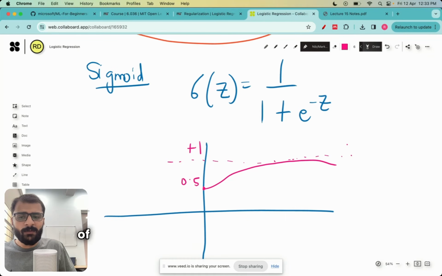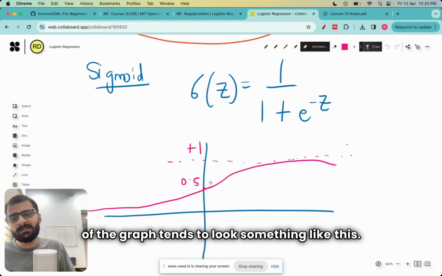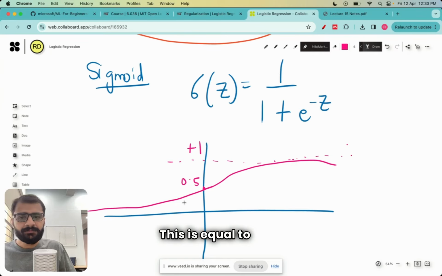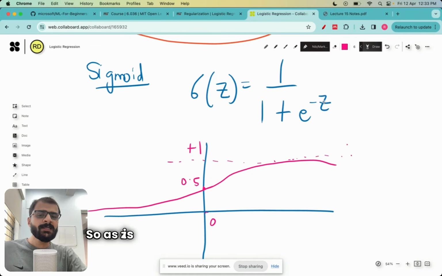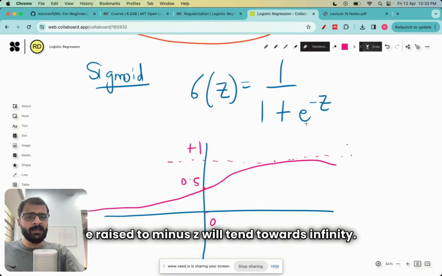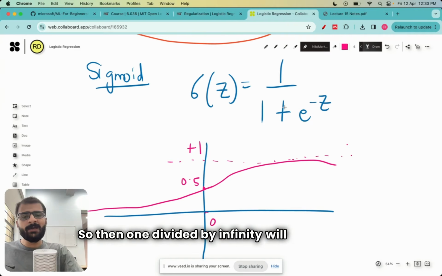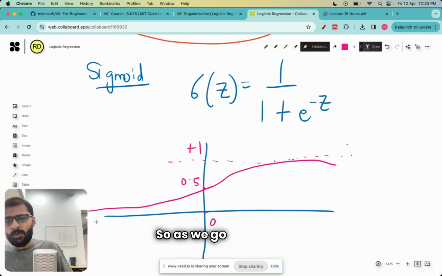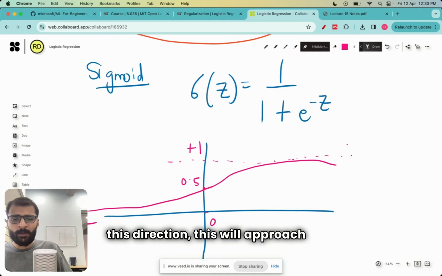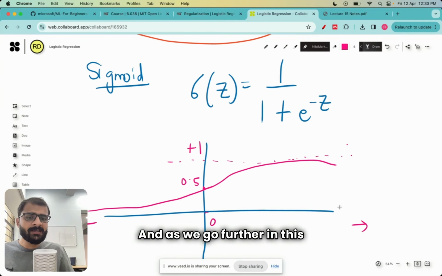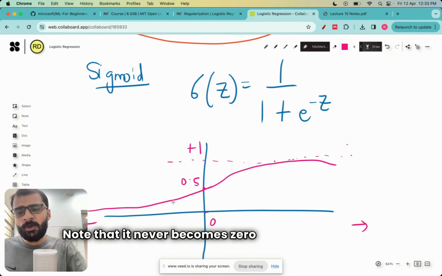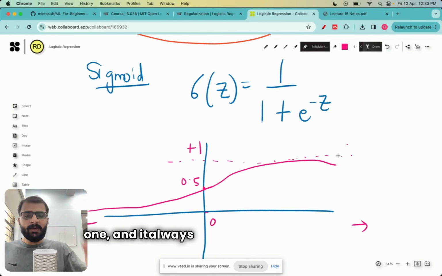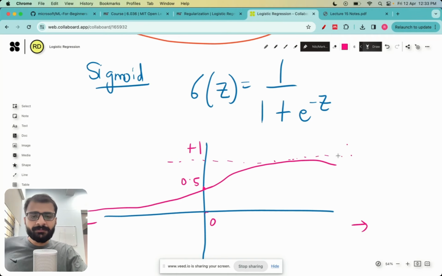As z becomes more and more negative, e raised to minus z tends towards infinity, so 1 divided by infinity tends to 0. As we go further in this direction, the function approaches 0, and as we go further in the other direction, it approaches 1. Note that it never becomes 0 or 1, and it always lies between 0 and 1.